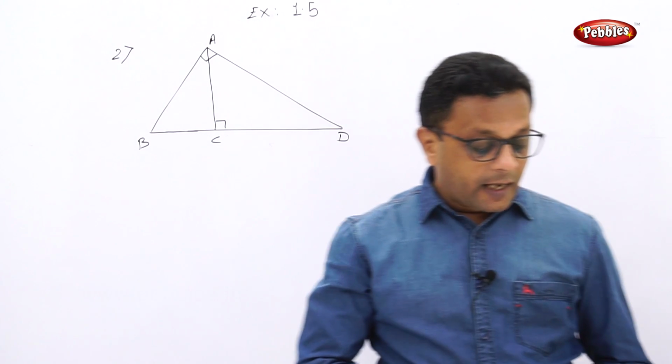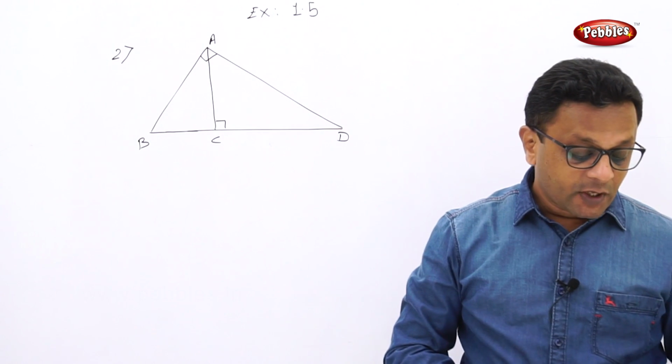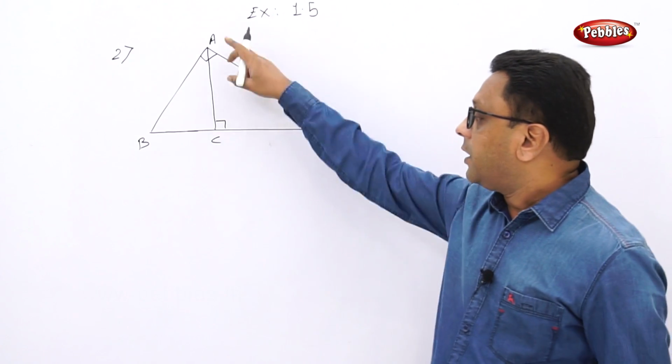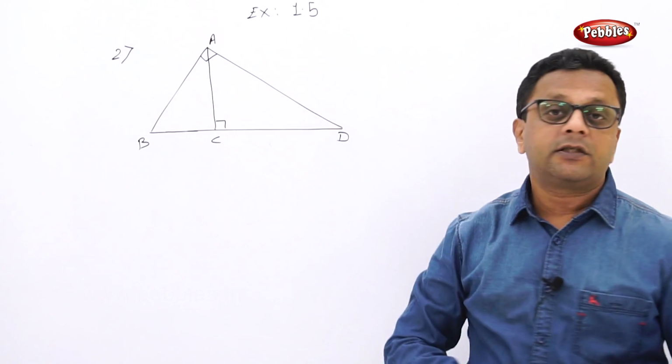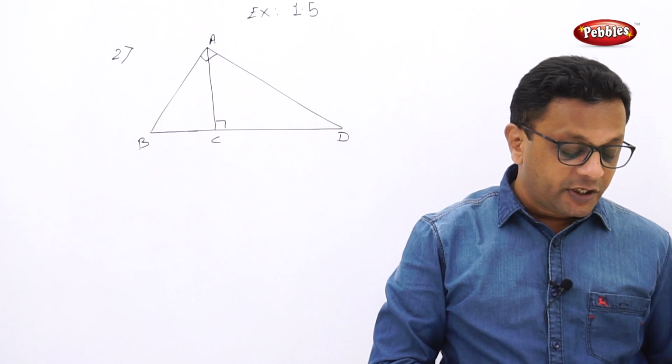In the figure, angle BAD is 90 degrees. Segment AC is perpendicular to hypotenuse BD. Show that AB square is equal to BC into BD.